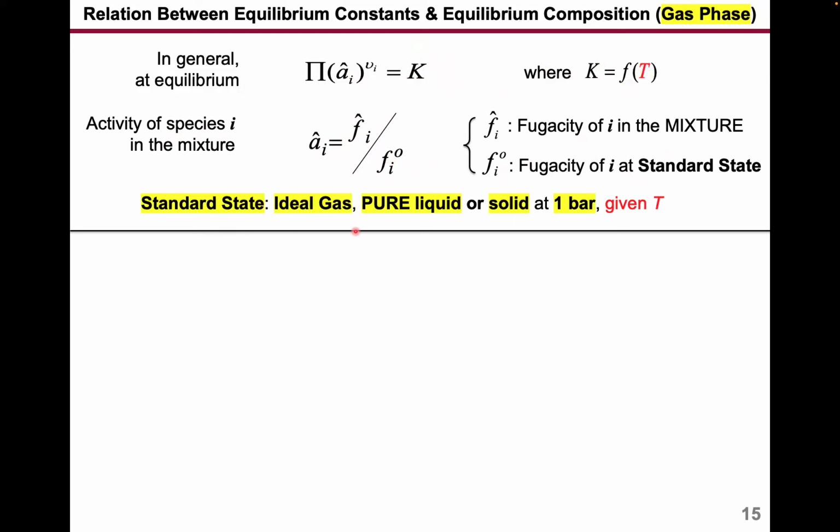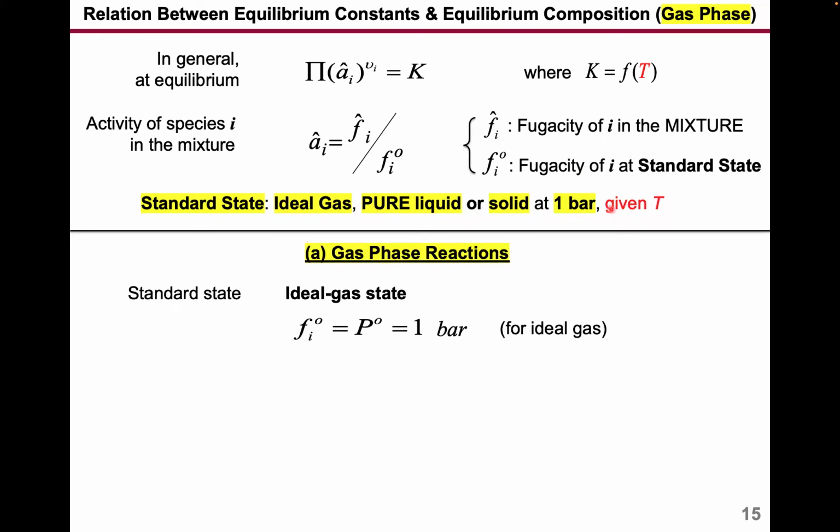For the standard state, if it's a gaseous species, we are talking about an ideal gas. For liquid and solid, we are talking about pure liquid and solid at standard pressure, which is 1 bar, and the temperature may vary. You can specify whatever temperature you want.